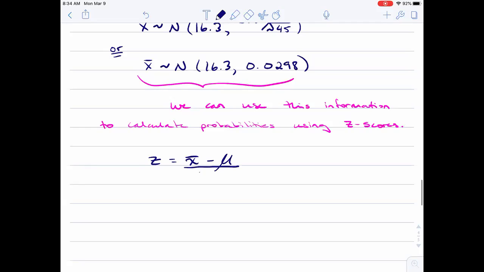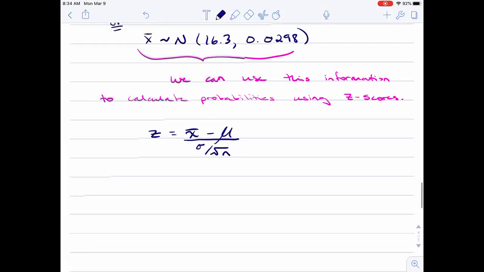And then over sigma over root n. Sigma over root n is going to be one number. That's on your formula sheet: you've got the normal distribution, the standardized z-score, and then the sampling distribution, z equals x bar minus mu over sigma over root n.